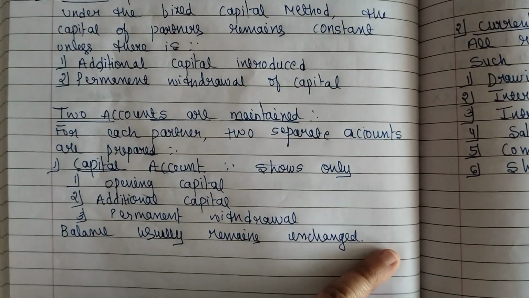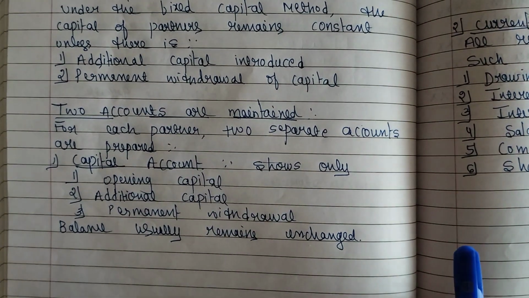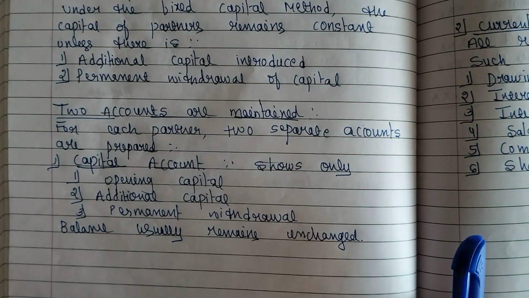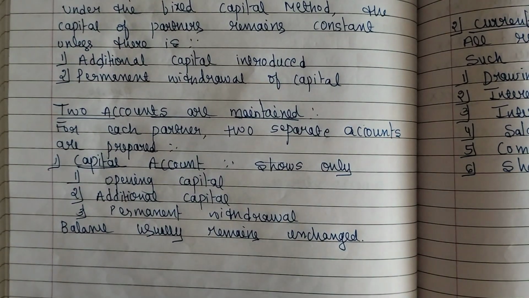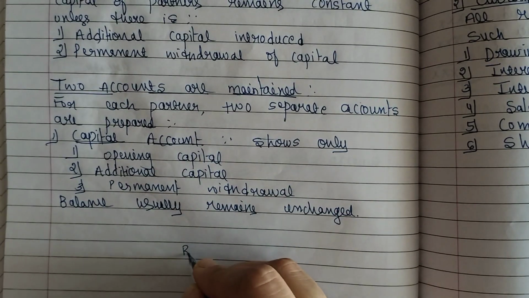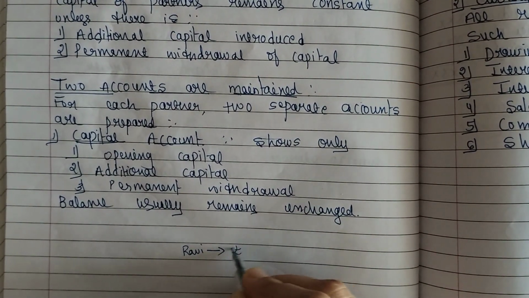So, it means first one is additional capital introduced. It means a partner brings extra money into the business apart from the initial capital. Clear? So, for example, see here, Ravi started a business with rupees 1 lakh.